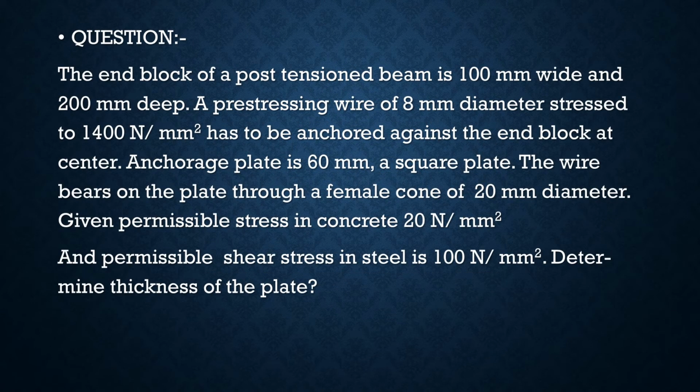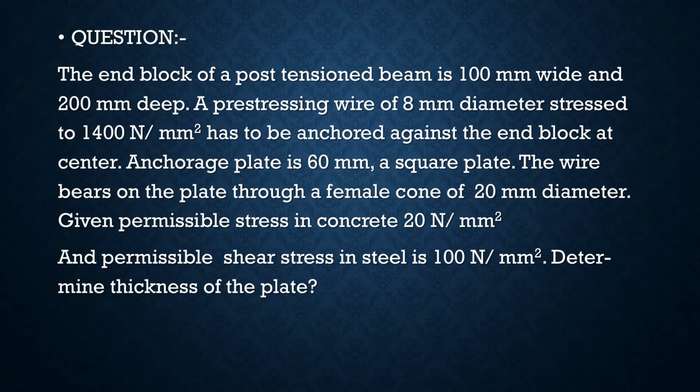The question is like that. The end block of a post tension beam is 100 mm wide and 200 mm deep. A prestressing wire of 8 mm diameter stressed to 1400 Newton per millimeter square has to be anchored against the end block at center.